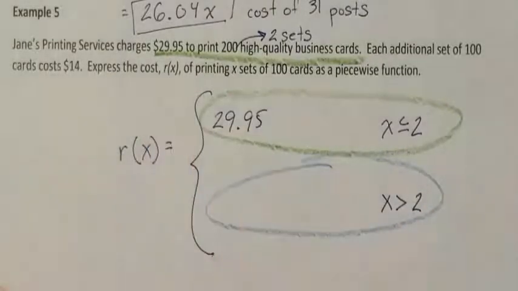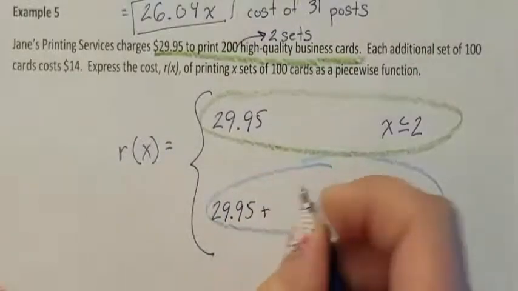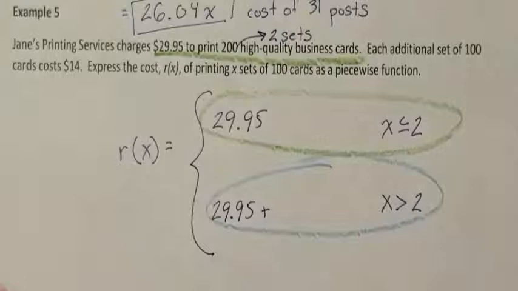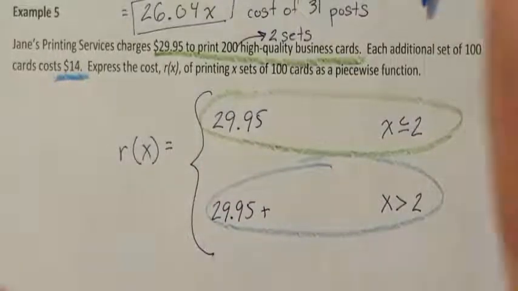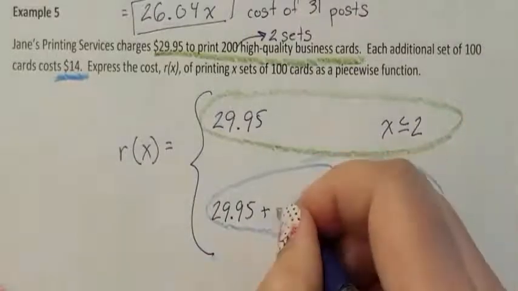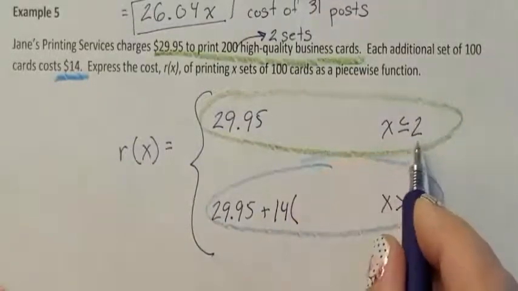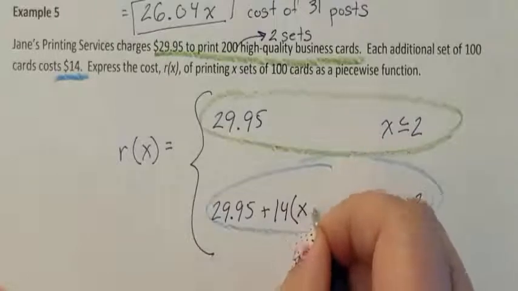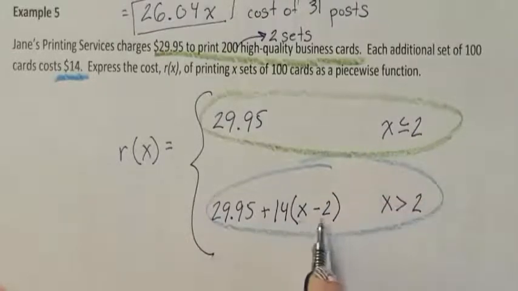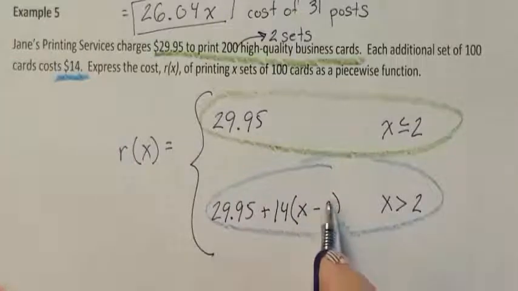It's going to keep the original $29.95 charge, but it said it would charge me an additional $14 for every set. So I am going to be paying an additional $14 for every set after these 2. Which means I don't want to pay for the first 2. It's everything after the 2. I'll pay another $14. So let's check your understanding.